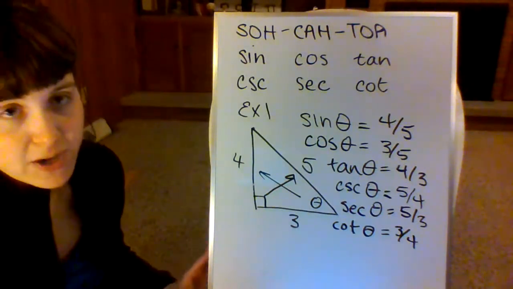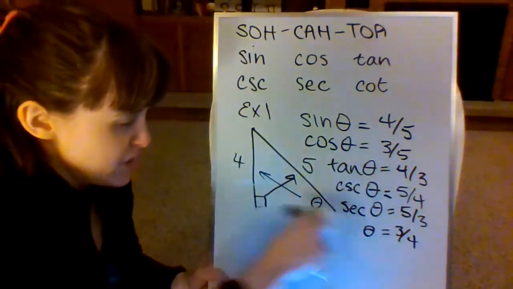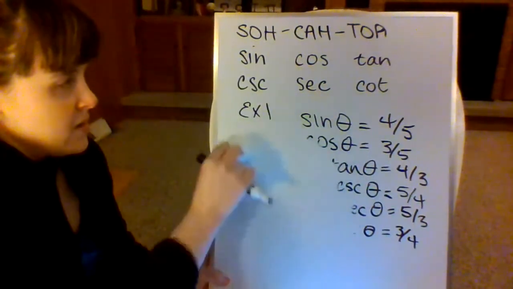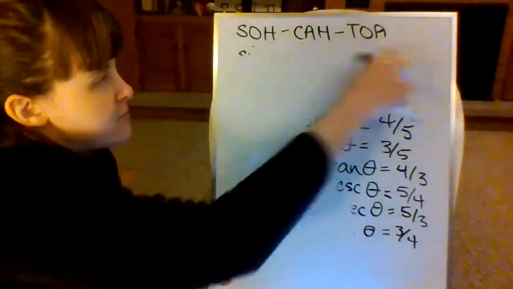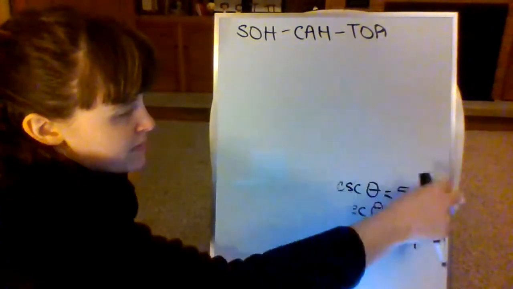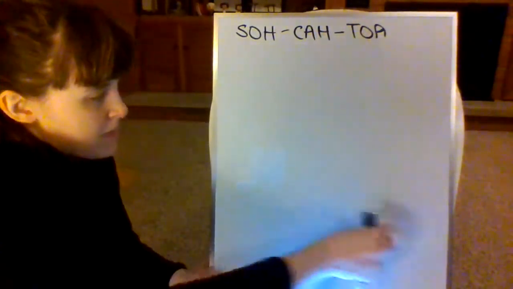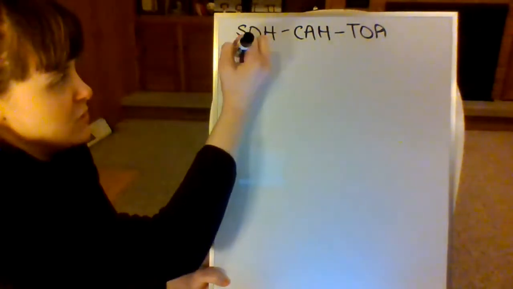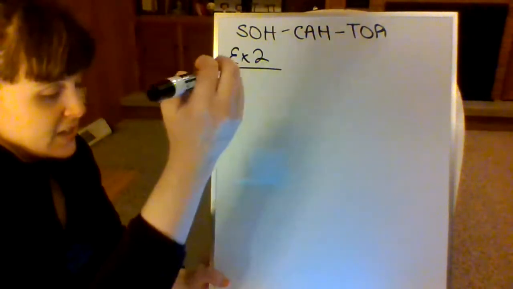Next up, we're going to find missing sides using trig ratios. Alright, so example 2 looks like this.